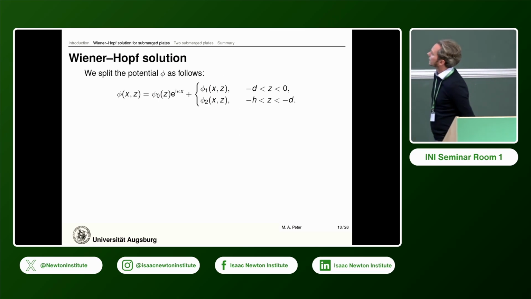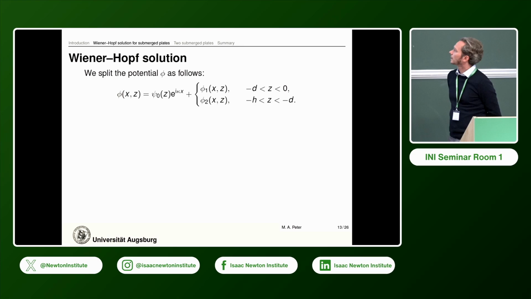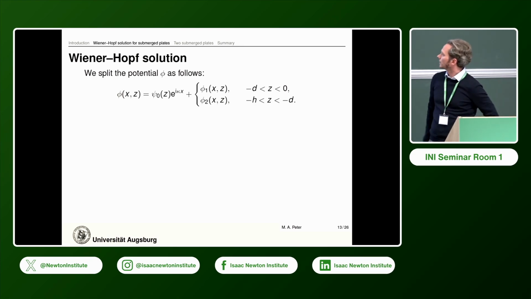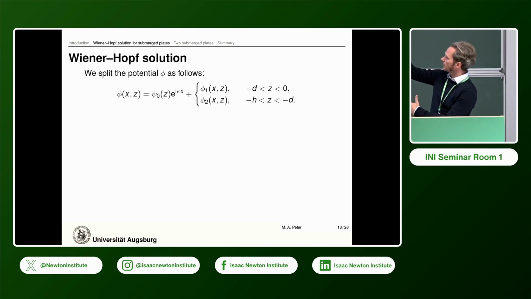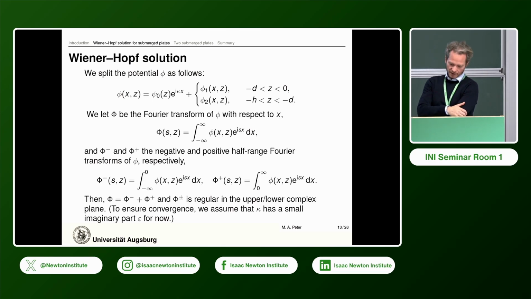I now split the potential into the part basically below the plate and above the plate, but I do that through the whole domain. So even if there is no plate, I basically virtually extend that to the left. And then I have this phi 1, phi 2, and a Fourier transform just in the standard way.